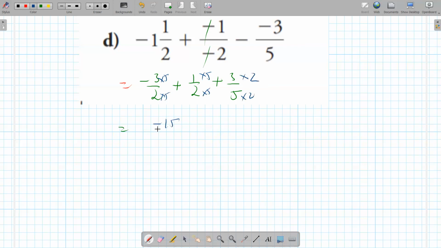So we have -15 over everything over 10: -15 plus 5 plus 6. So what's the final answer? -4 over 10. Can you reduce that? 2 over 5. Yeah, -2 over 5.